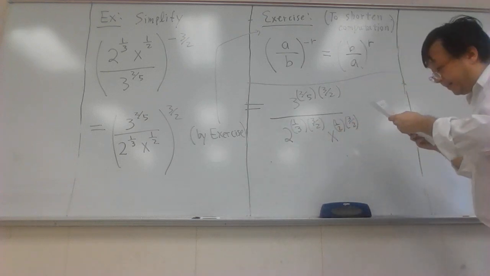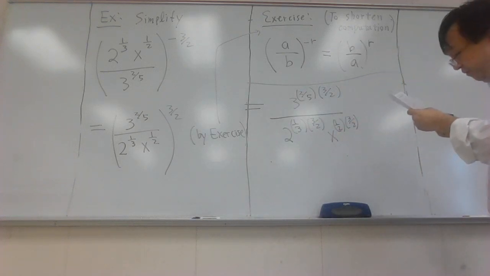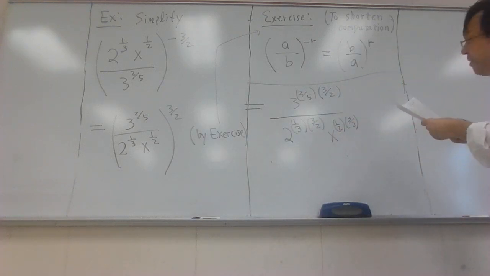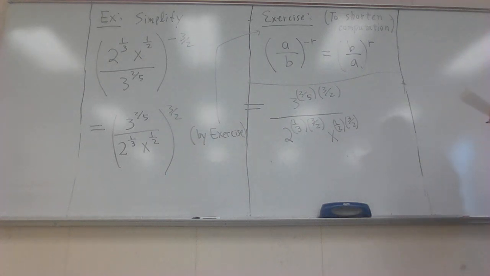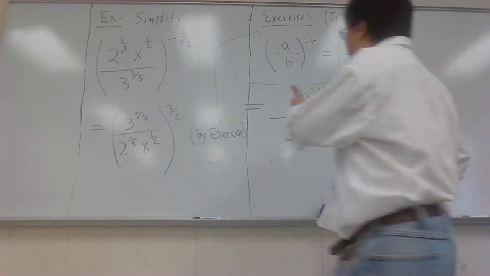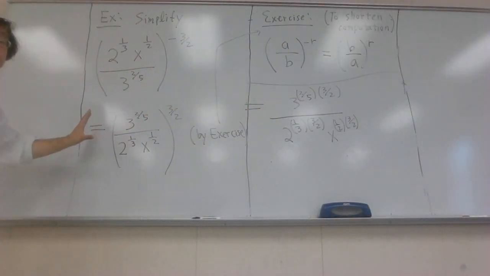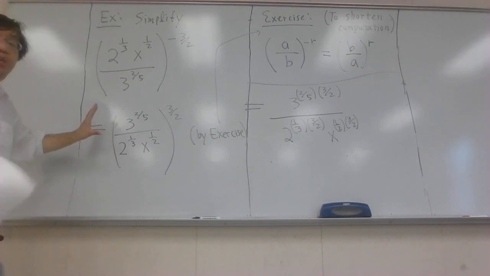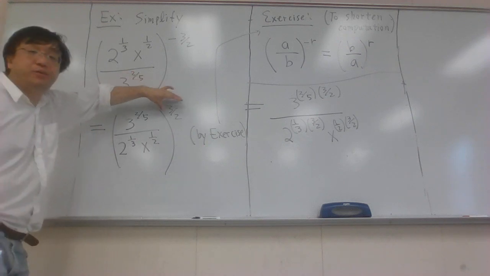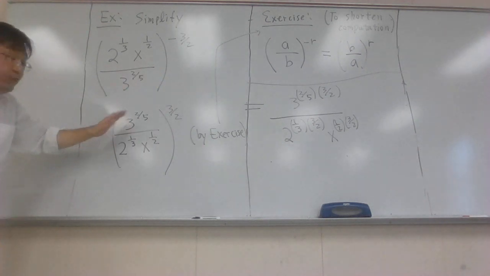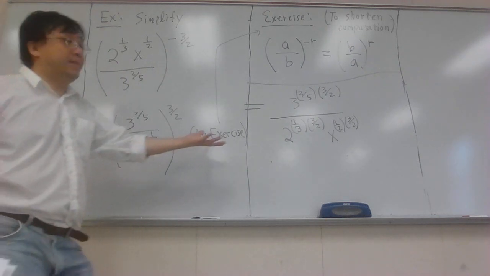Okay, let me see if I did this right. Moving from here to here, I used the rules which said that I can distribute exponentiation over division and multiplication. In particular, I can distribute this exponentiation over this division and this multiplication. So I get this.